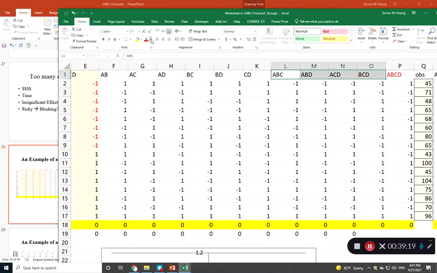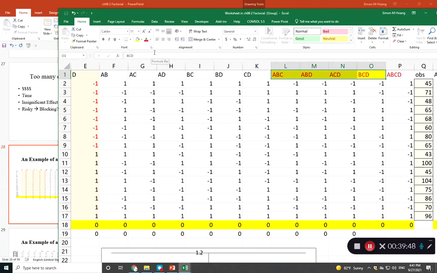4. Why 4? Because 3-way interaction means one of the effects is missing. So D is missing, C is missing, B is missing, A is missing. So I have 4 of them.